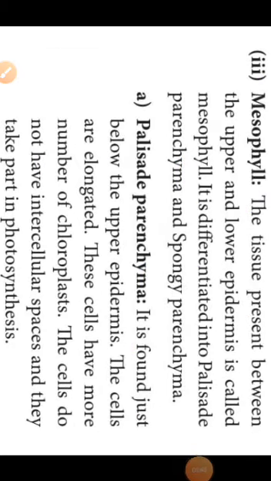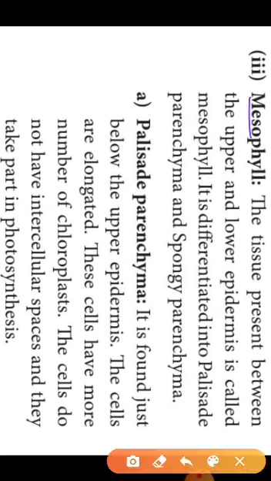Mesophyll. Already we knew the tissue present between the upper and lower epidermis is called mesophyll. It is differentiated into palisade parenchyma and spongy parenchyma.